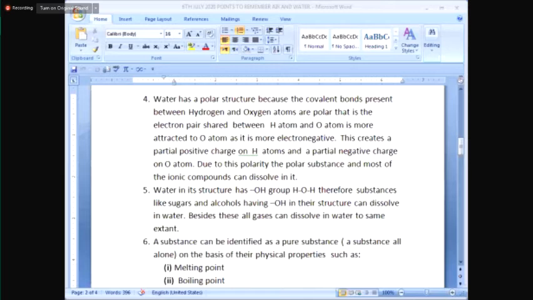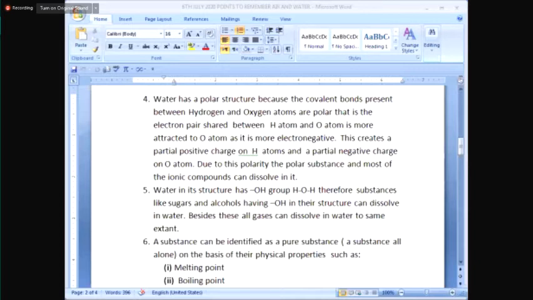So the shared pair of electrons between hydrogen and oxygen in water will be more attracted towards oxygen, creating a partial negative charge, with the sign delta negative. The partial negative charge rests on the oxygen atom, and the partial positive charge, due to the lower electronegativity of hydrogen, rests on the hydrogen atoms on either side of oxygen, making the structure polar.